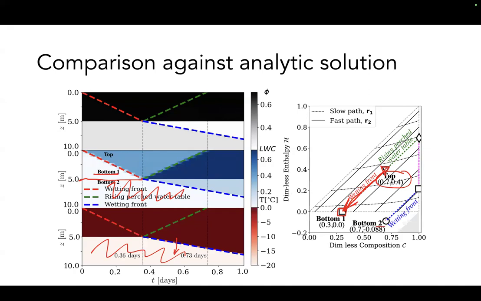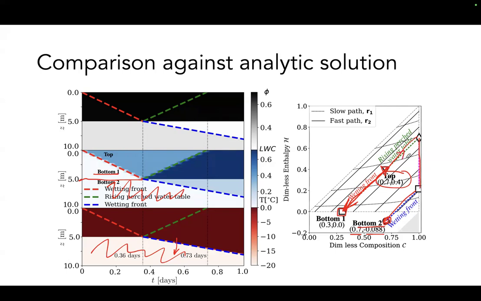Bottom two is the state with C equals 0.7, so about 30% porous, at a temperature of minus 20. So this is minus 0.088. In this case, we extend it to the case for C equals 1, and then we connect them. So this is like case 11.